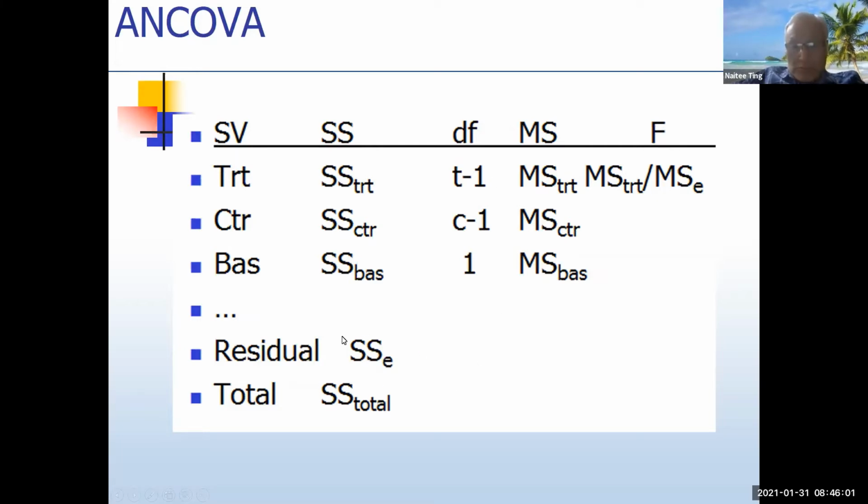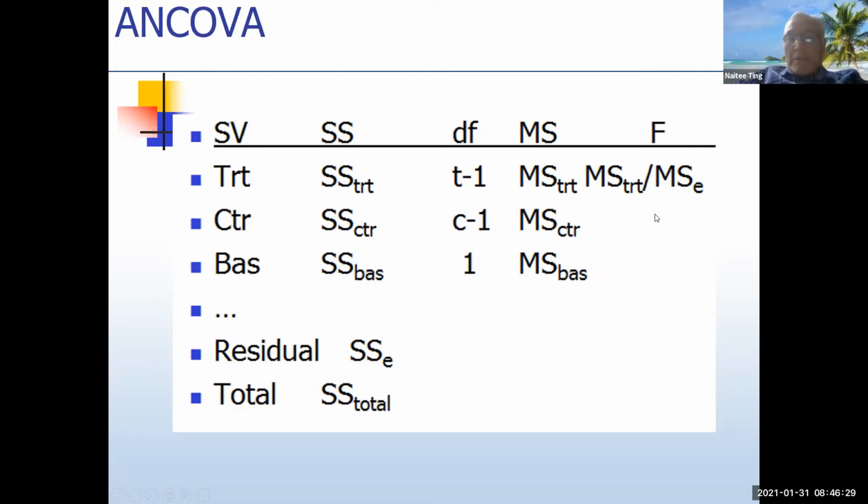Your sum of squares for residual is the difference between the total sum of squares and the treatment sum of squares. In other words, this is your SS between, and this is your SS within. Divide by n minus 2 and you get the mean square error. With only 1 degree of freedom for treatment, your mean square for treatment equals your sum of squares for treatment. That becomes your F test.